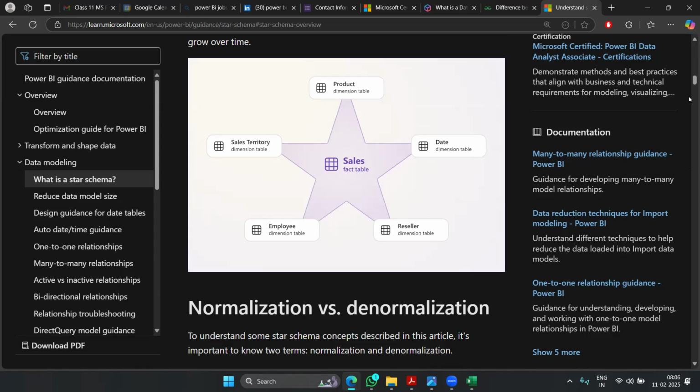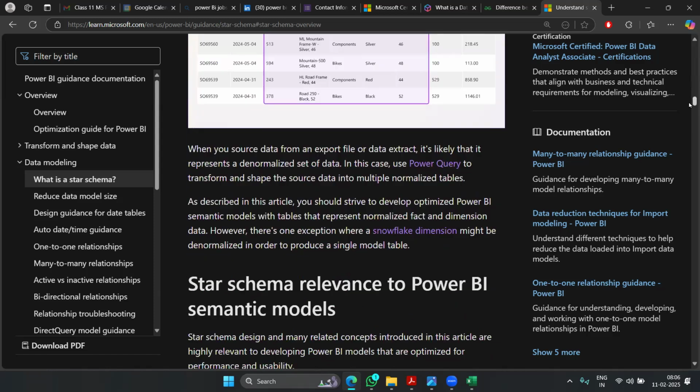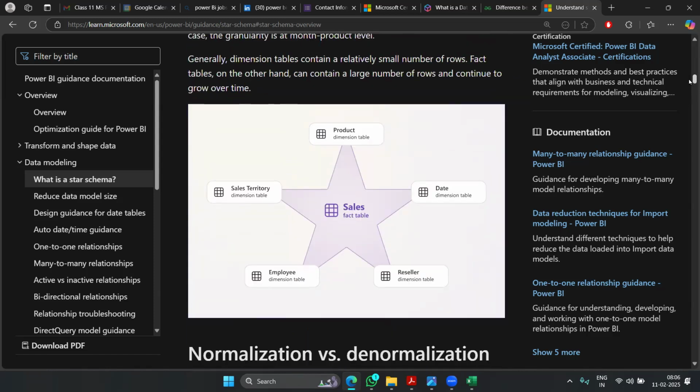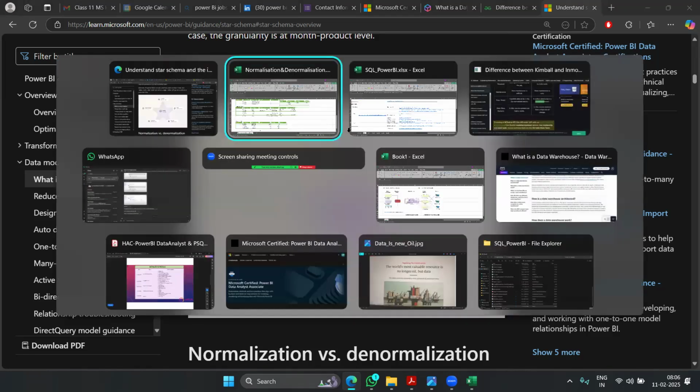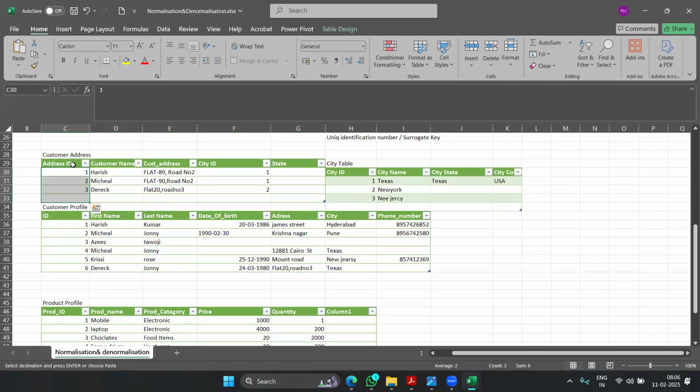Okay, so a detailed explanation is also given, and I need your support to read this article, right? Similarly, if this particular dimension table is again referring to another dimension table, let me take this example. In the customer address table, right? When you are collecting the customer details, the city name and state name are going to be repeated, correct?